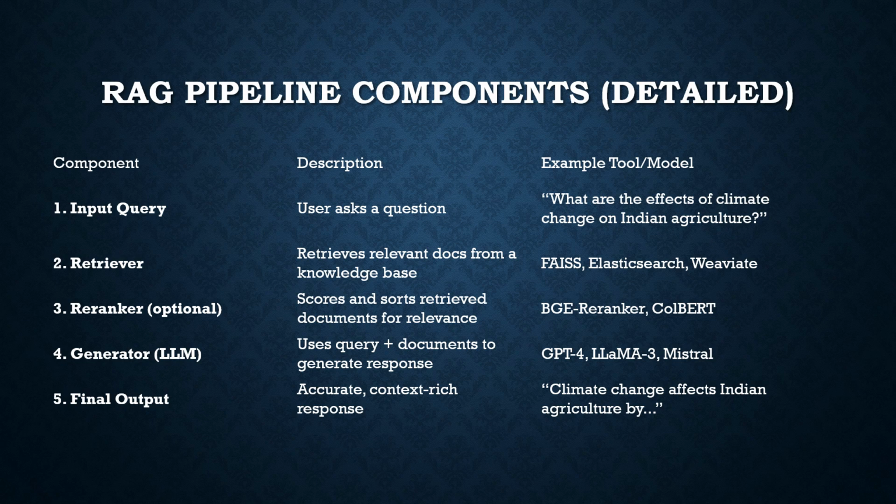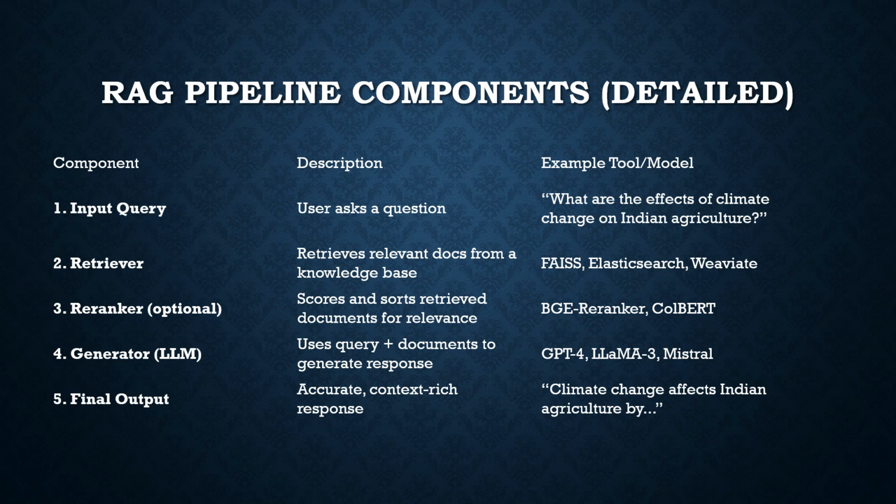The user provides this prompt, and the retriever retrieves all the relevant documents from a knowledge base where we have fed the data. It can be in any form: PDF, Word, or Excel. These are stores like FAISS, Elasticsearch, and Weaviate.